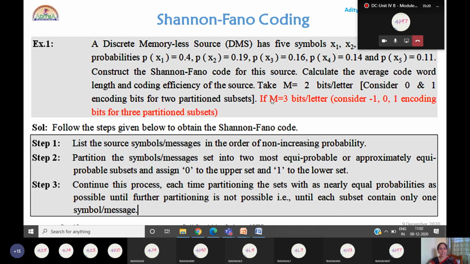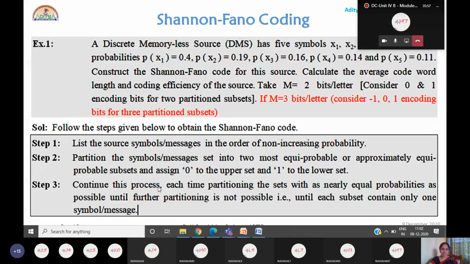Please remember that if the question gives M equal to 3, then divide the original set into 3 subsets and assign -1 to the first subset, 0 to the second subset and 1 to the last subset. But in general M will be given as 2.